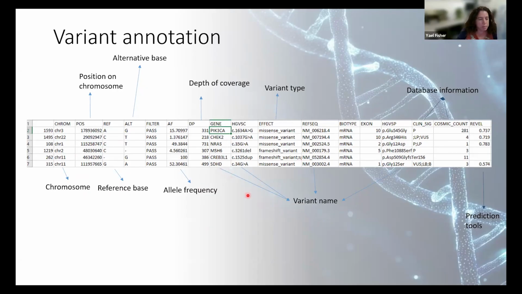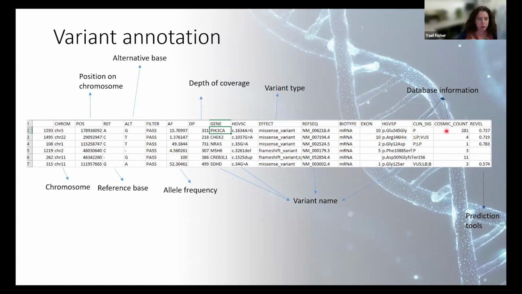So you have the gene name, the base pair change, the accession number of the sequence that was used as reference, and the protein change here. You can get the variant type, if it's a missense variant or a frameshift variant, and some information from external databases.